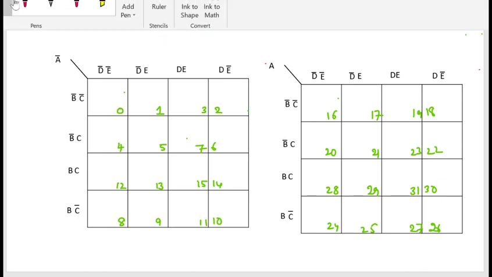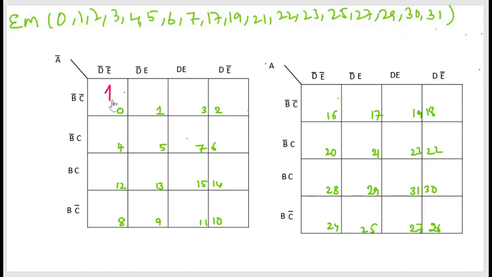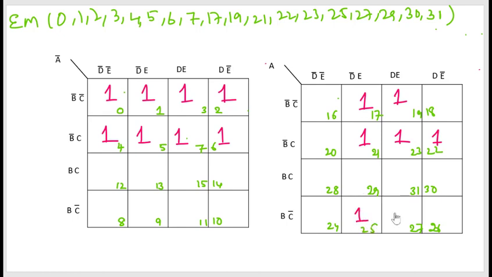We first fill the minterm numbers. So that means this is 1, 1, 1, 1, 1, 1. Here then we are going to have 17, 19, 21, 22, 23, then 25, 27, 29, 30 and 31. Okay, now I fill all the ones, the remaining are all zeros. I am not keeping zeros for the time being.